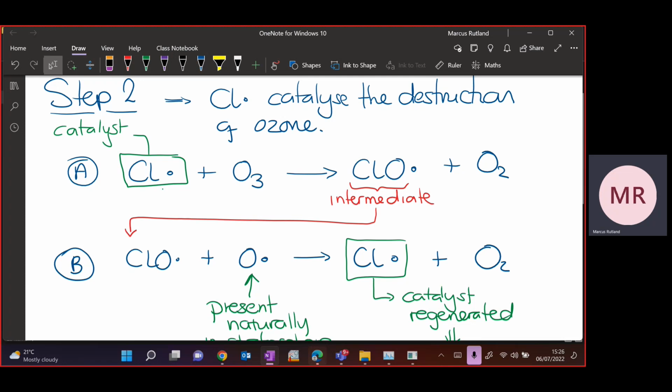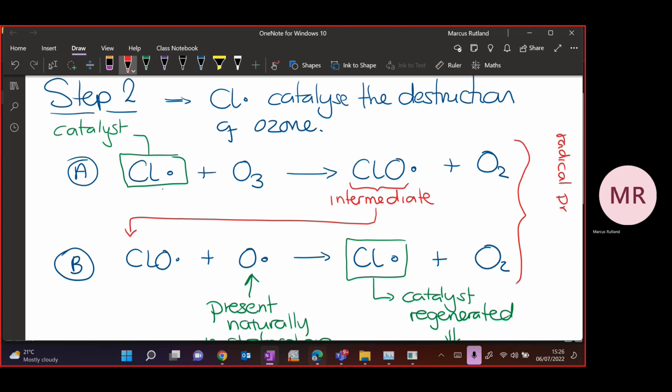So these two steps here, do you remember your three types of radical reaction step? There was termination steps, there was propagation steps, there was initiation steps. What type of steps are these and why? And so you should say these are radical propagation steps.